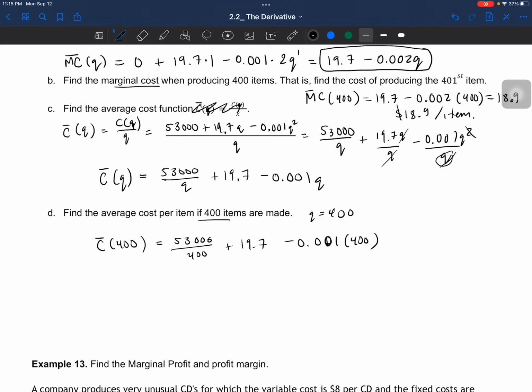We put this in the calculator, and this will be 151.8.